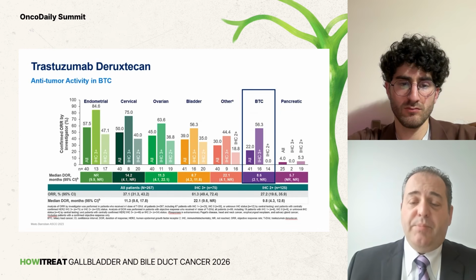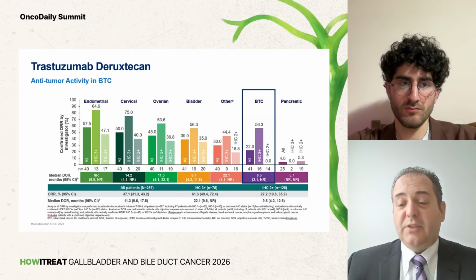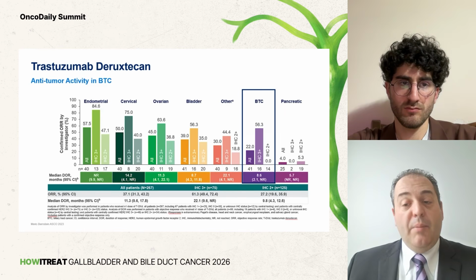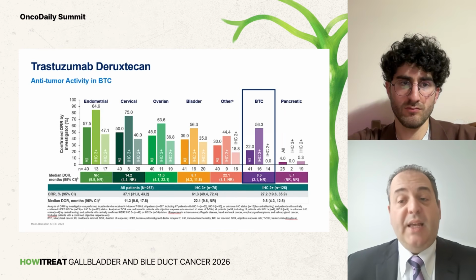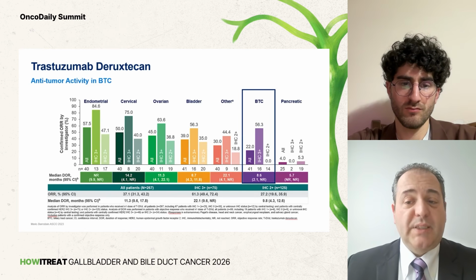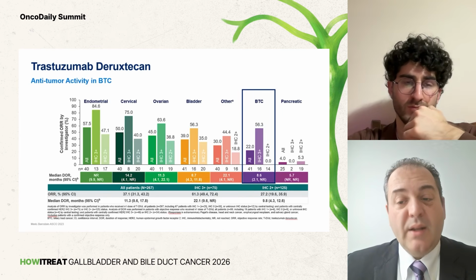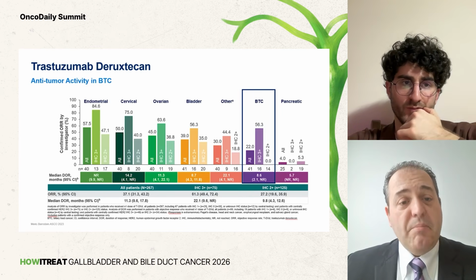And for the biliary tract cancer cohort, we can see that the objective response rate was about 37%. But when you pull out the 16 patients with IHC3+, we have a 56.3% response. So similar to Horizon BTC-01, HER2 IHC matters.